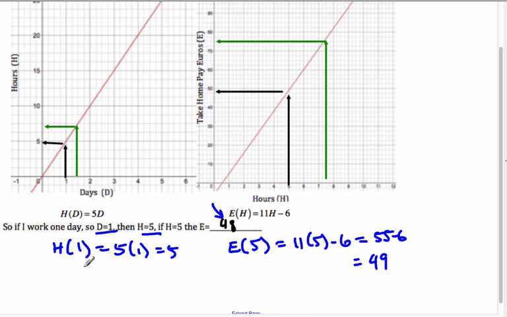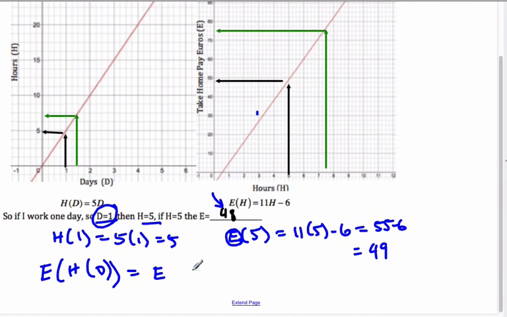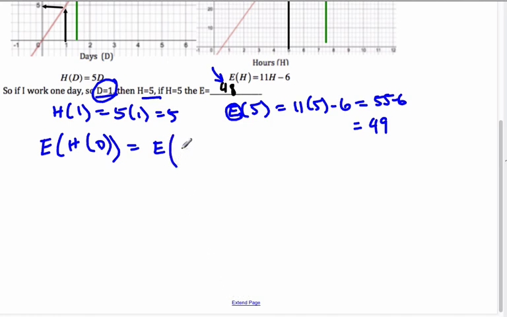Well, wouldn't it be nice if I could go straight from putting days in to getting euros out? To do that, this is the whole key of what a composition of functions is. I'm going to say that euros is a function of hours, which is a function of days. So what this says, if I want to do it when d is 1, E at h when d is 1 means E at, well, h is 1 day, I figured it out to be 5.